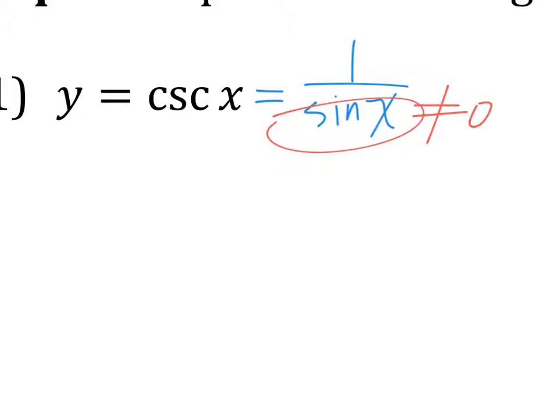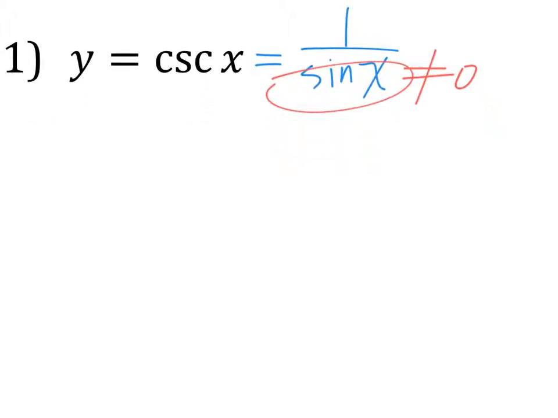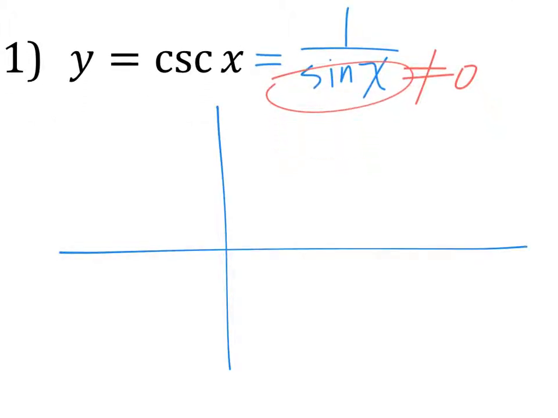So what we're going to do, same thing as when we graph tangent, we are going to graph a sine function to figure out when it's going to be 0 so that we can have some asymptotes. This time we do care about the sine function, so we got to leave that sine function in there so that we can actually graph it correctly. Okay, so let's graph a normal sine. So that's 2 pi here.